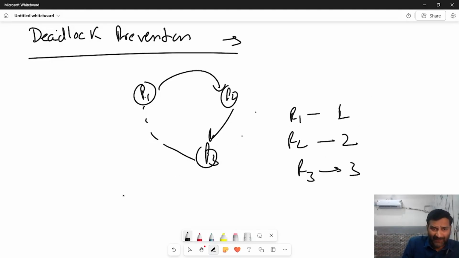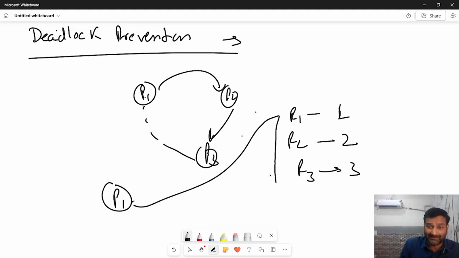If the process P1 needs any resources, it must demand them in increasing order of priority. So we provide each and every resource with a priority number so that any process needing those resources must demand them in increasing order of priority.